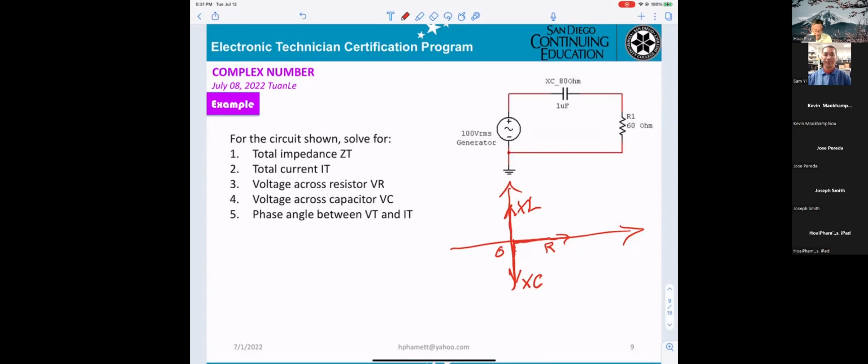And that tells you IL and IC are always opposite, 180 degrees out of phase.